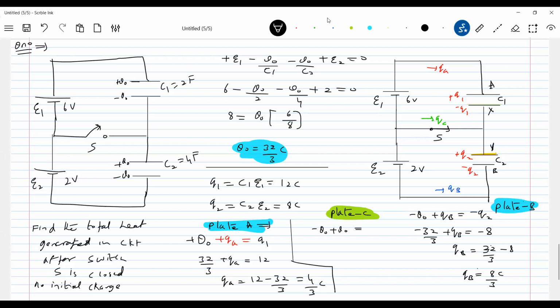After closing, some charge entered, and then they become minus Q1 plus Q2. Try to observe this. What was the charge? Minus Q0 plus Q0. After closing, some charge entered, then it made minus Q1 plus Q2.